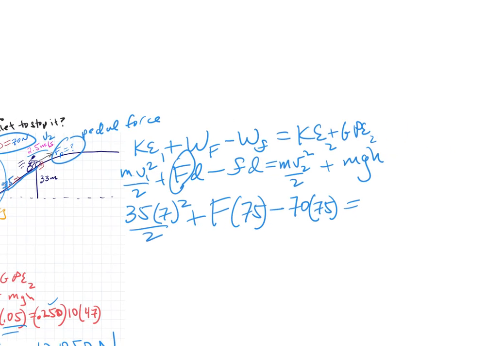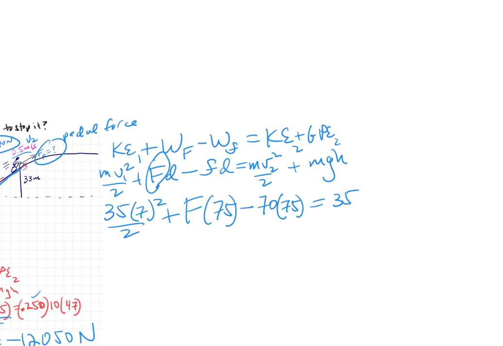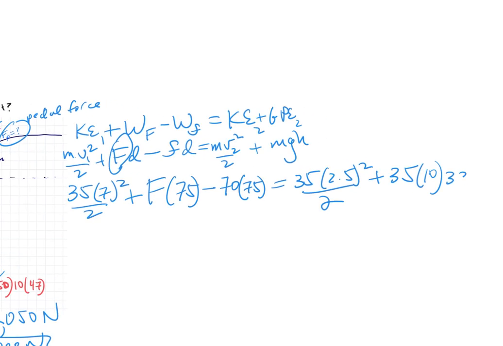Okay, that equals the mass, 35. The final speed was 2.5. He lost a lot of speed. Over 2 plus 35 again times G times H. How high did he get? 33 meters.